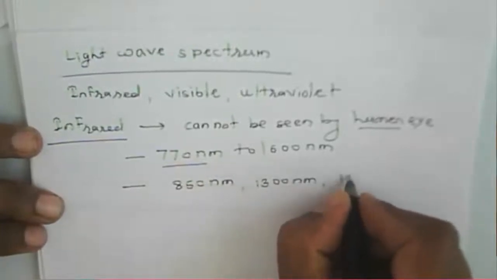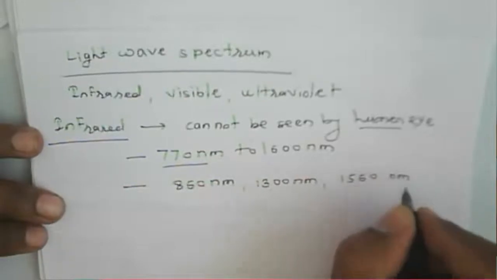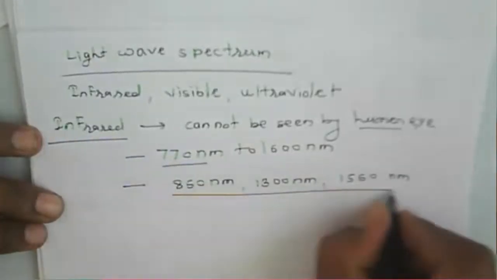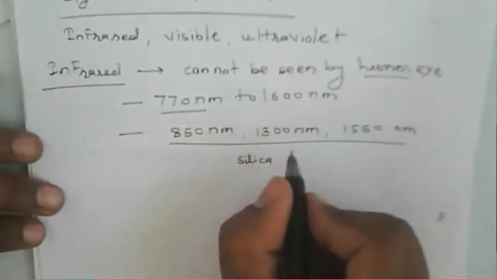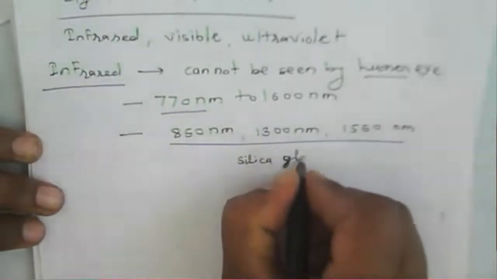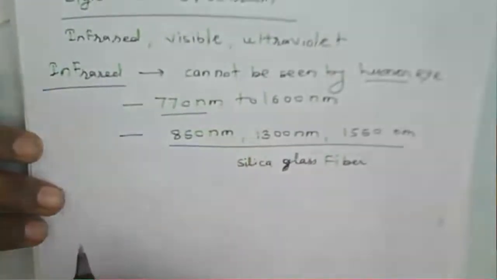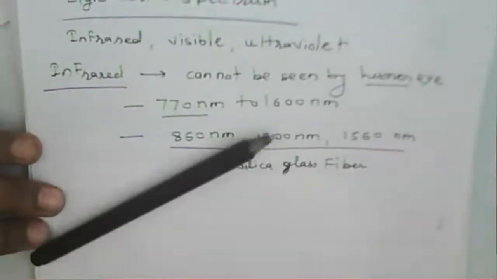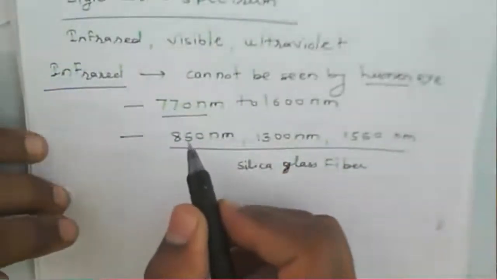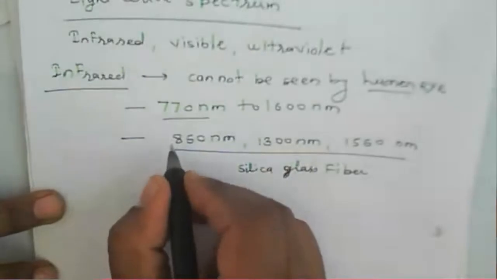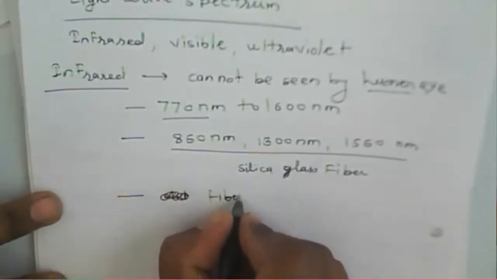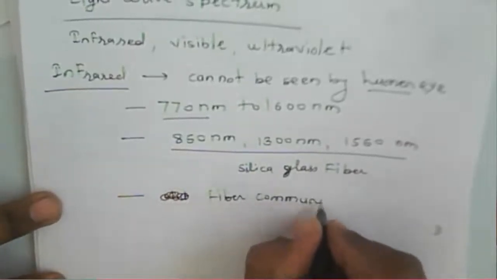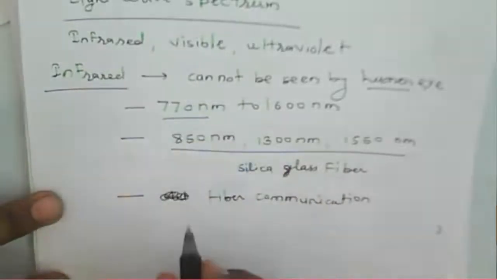Those wavelengths are 850 nanometer, 1300 nanometer, and 1550 nanometer. And here we can use silica glass fiber.